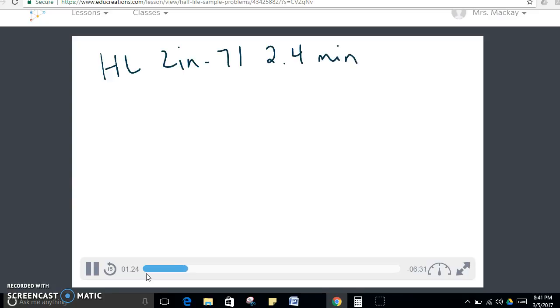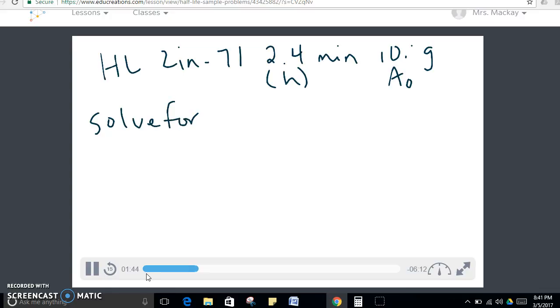So that's my H. If one had 10 grams at the beginning, if I had 10 grams, that is going to be my A0. That's my initial sample. And I want to know how many grams would be left, so I'm going to solve for A. I want to know how many grams would be left after 7.2 minutes.